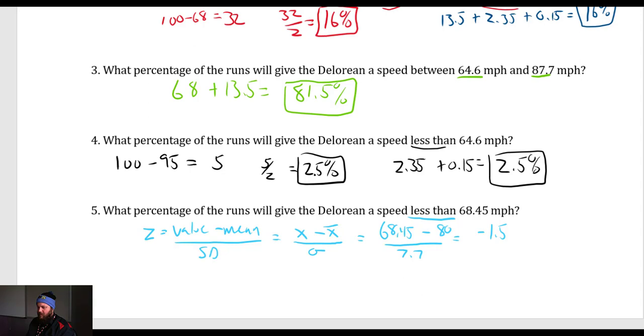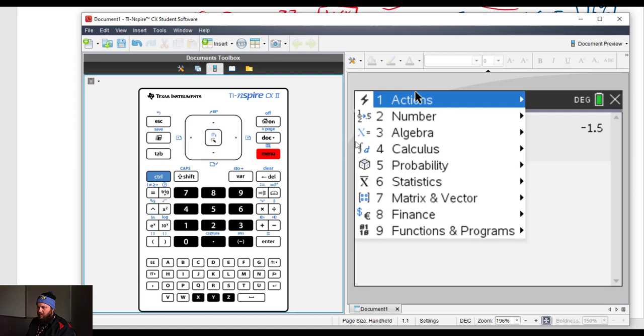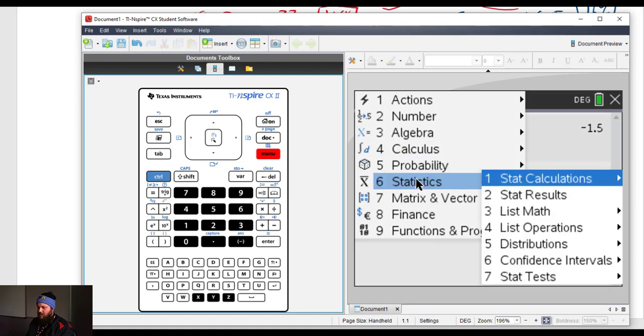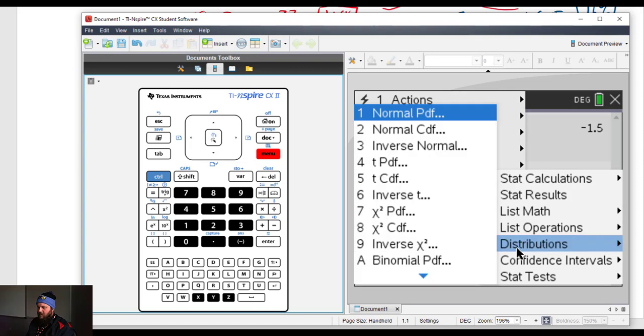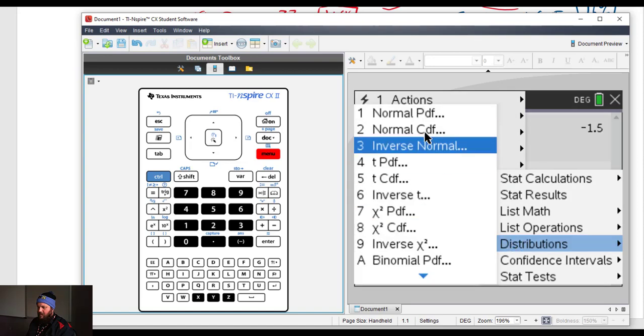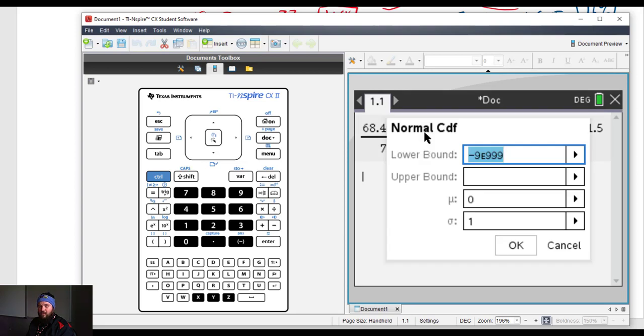So if you have the calculator, you can simply click on Menu, Statistics, Distribution. So Menu 6.5, and then Normal CDF. So Menu 652. Now, lower bound is talking about all the way to negative infinity.